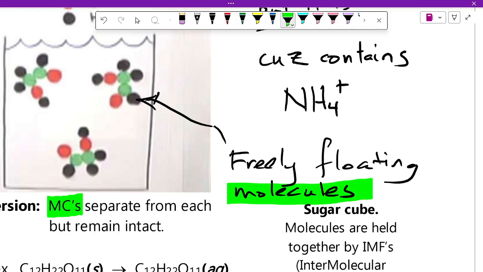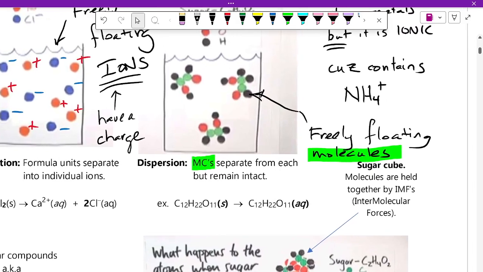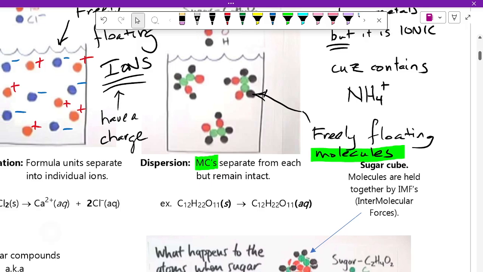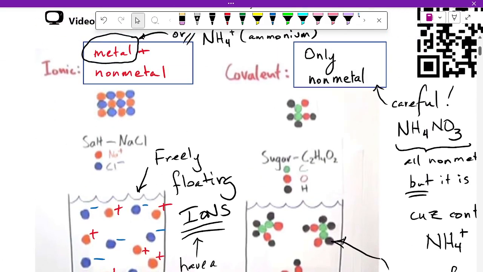Because we can't have MOL stand for molecule because MOL stands for moles. So capital M, capital C is my abbreviation for molecules. All right. Now we can write the process of this ionic compound dissolving as it comes apart.